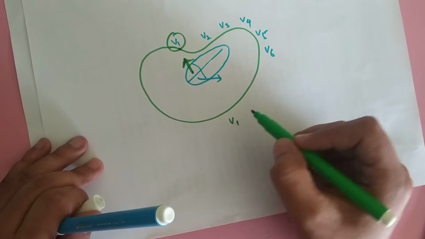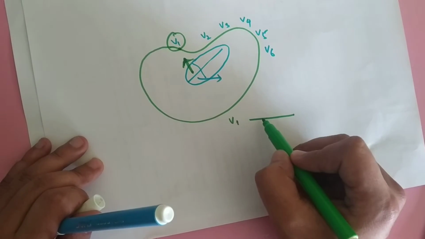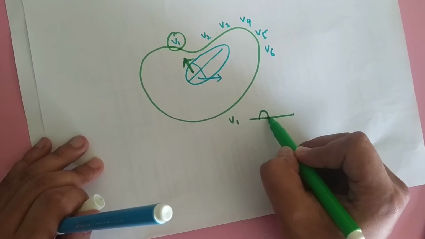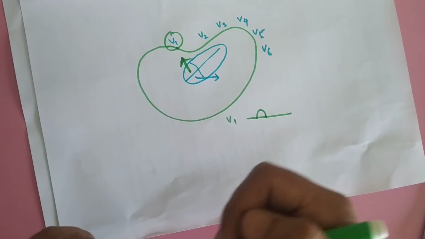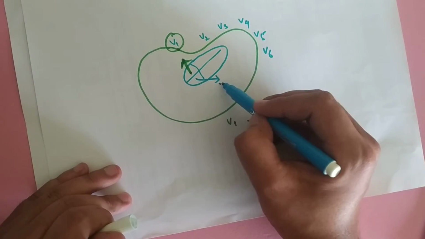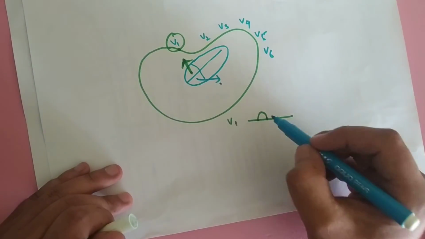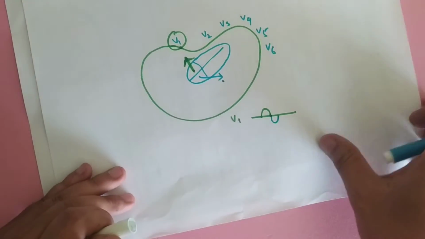So in V1, the P wave will be like this. Suppose this is your isoelectric line, then this is because of your right atrial depolarization. And since the left atrial depolarization vector is in the opposite direction to V1, it will have a negative deflection. So in V1, it will be like this.